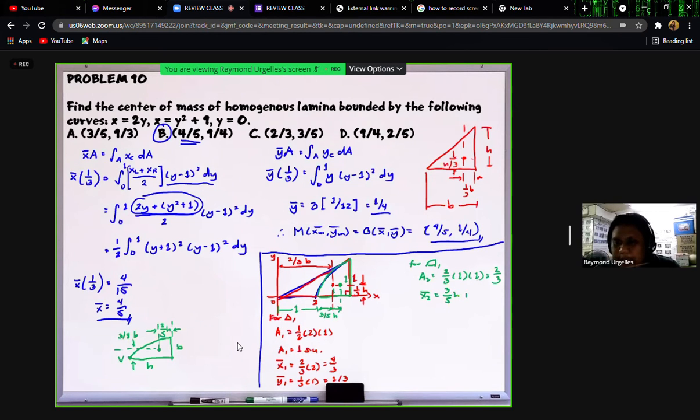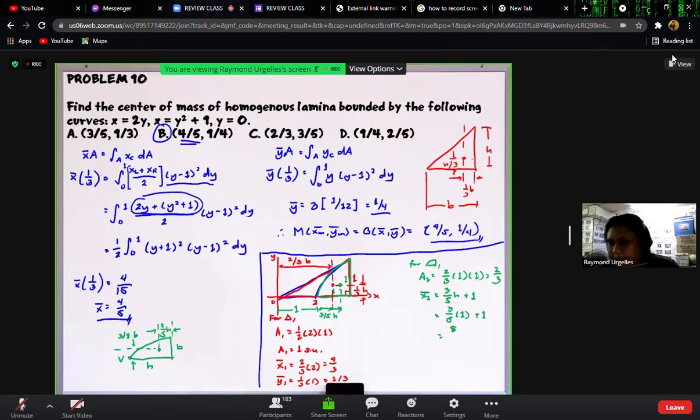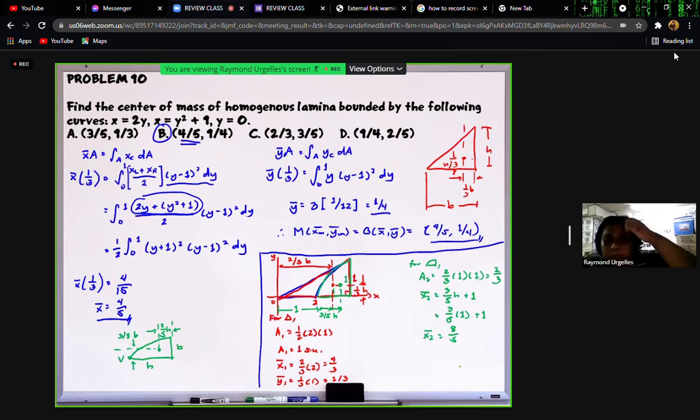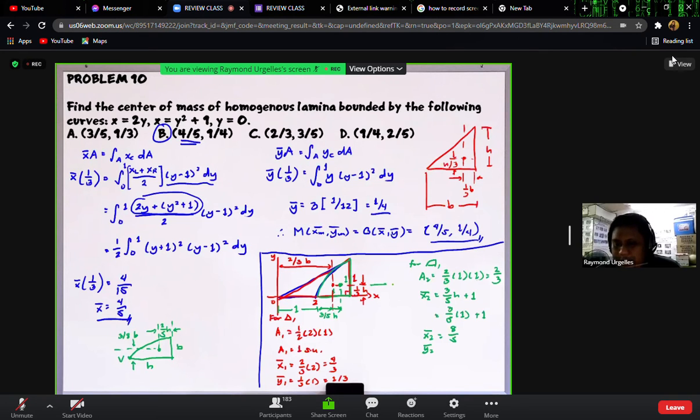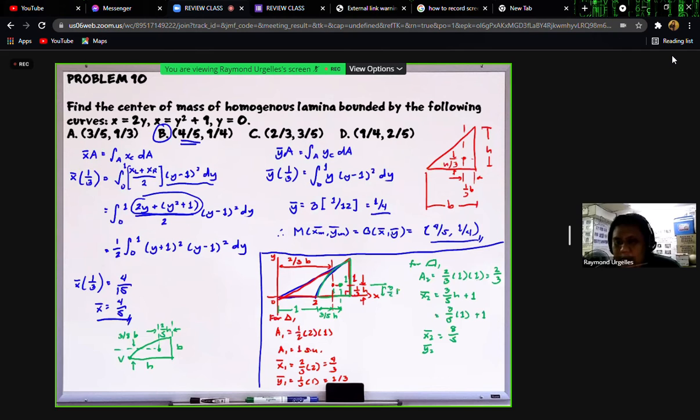Let's say nandito yung centroid natin. Okay? So, then this is 3/5 ng height plus 1. So, this will be 3/5 ng 1 unit plus 1 unit. So, this is equal to 8/5. Okay?